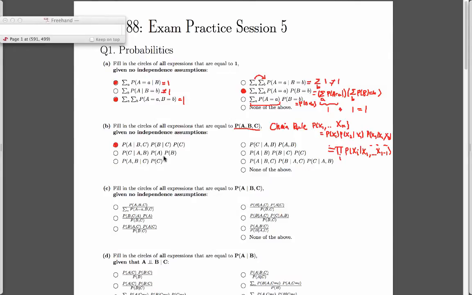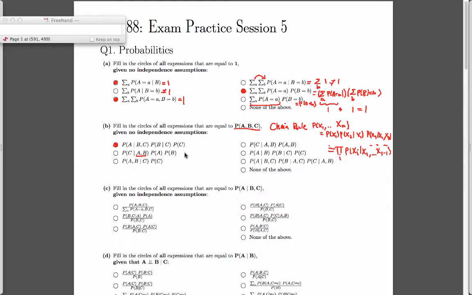Now let's look at the second option. Here, this will only be equal to the probability of a, b, and c if a and b are independent, because here you're conditioning on a and b, so for this to be equal to the probability of a, b, and c, this would need to be equal to the probability of a and b.